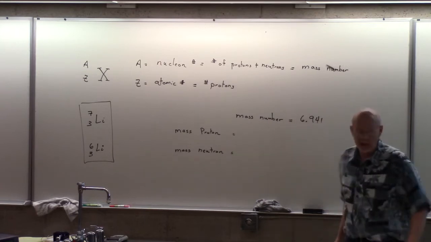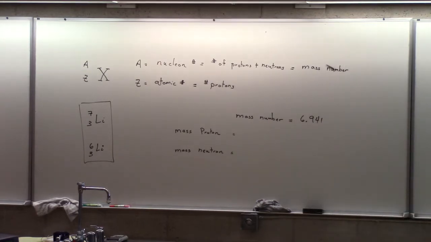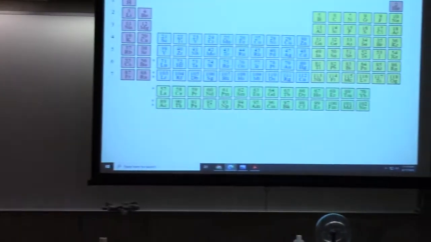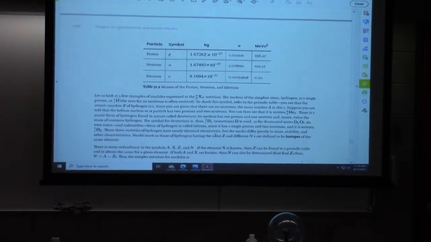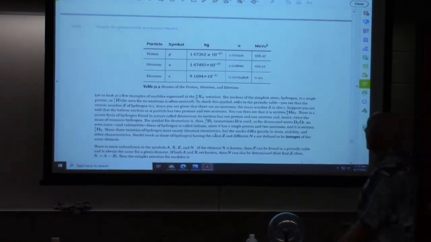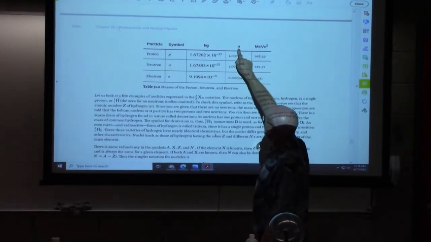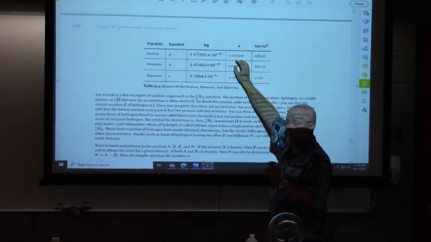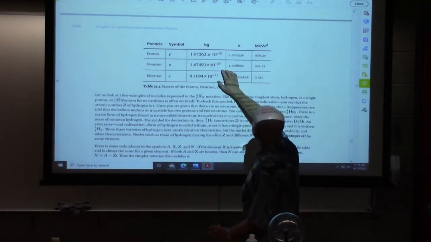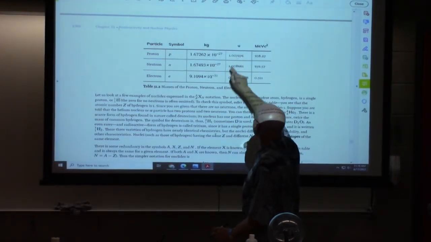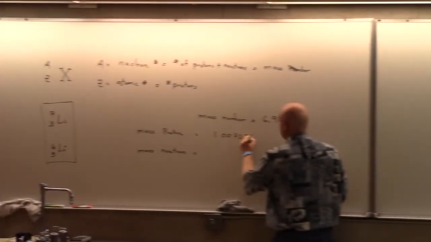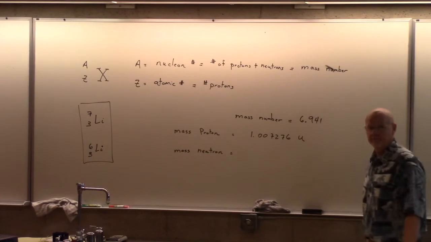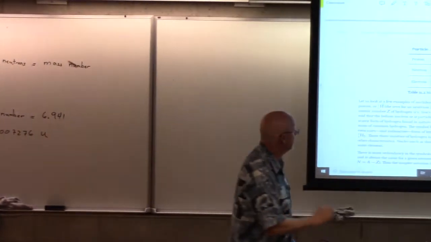More on this as we get to the end of the chapter, but let me take a moment to look those numbers up here in the book, because I don't know off the top of my head. I put the book here so I could see this thing right here, this u. This is called its atomic mass. And so this is saying that a proton has 1.007276 u.